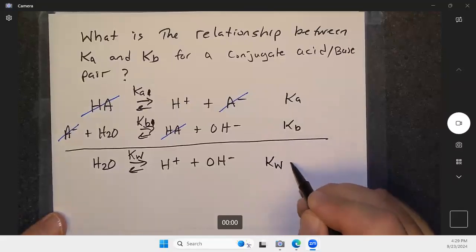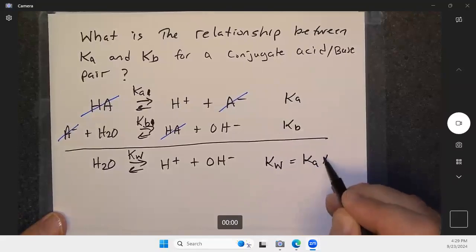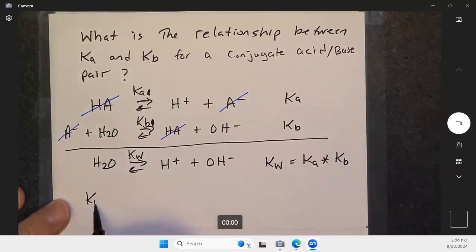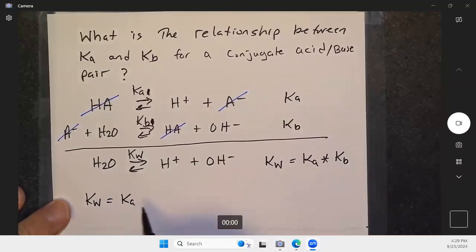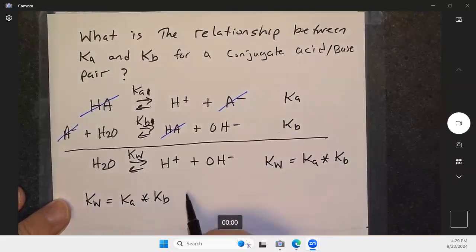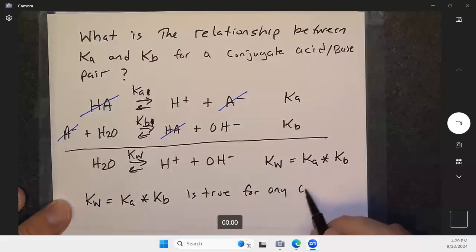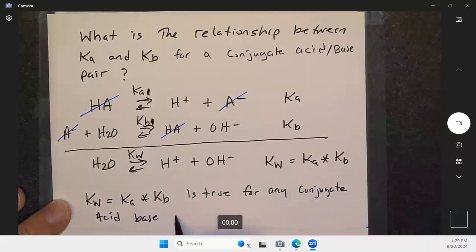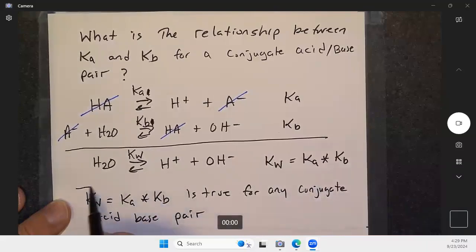And so Kw is equal to Ka times Kb. And this relationship is true for any conjugate acid base pair.